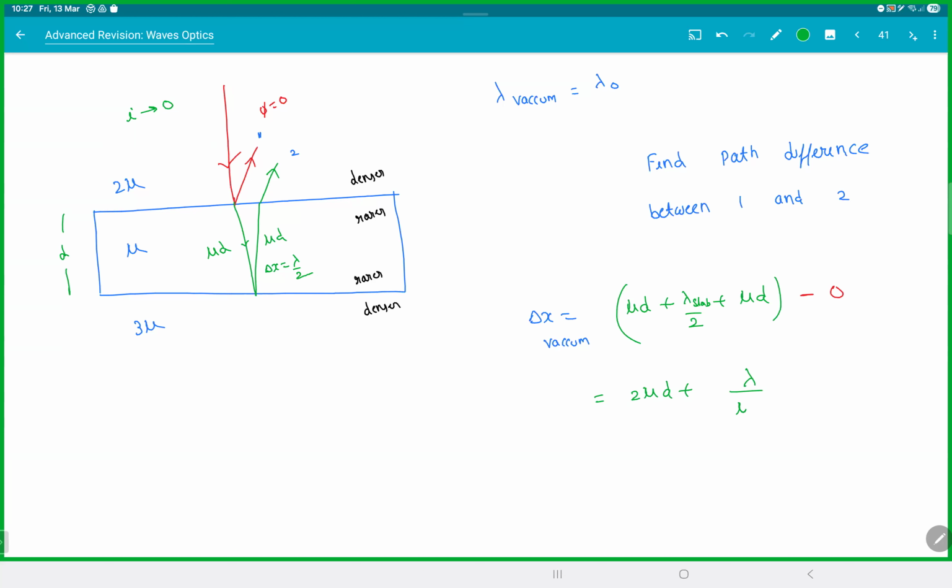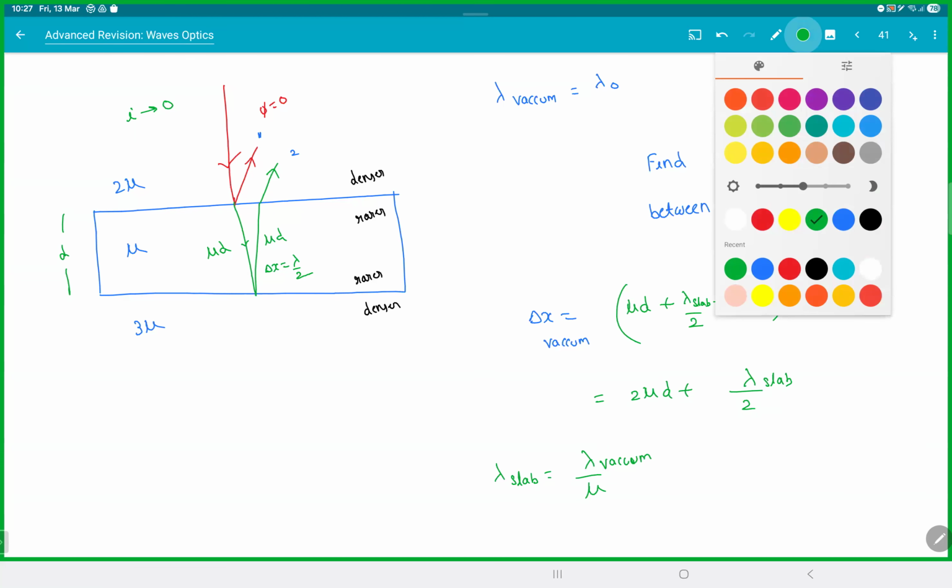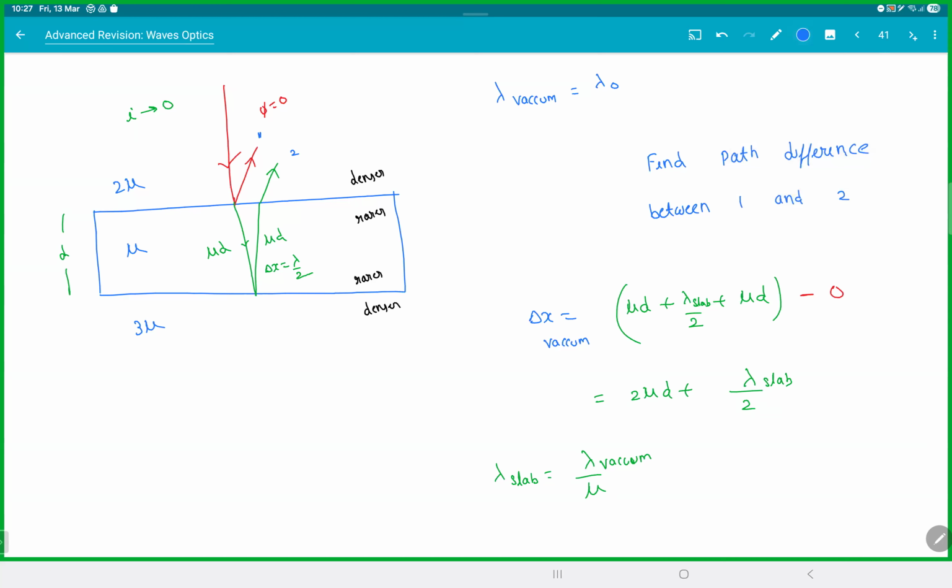Lambda slab will be lambda by mu, lambda vacuum by mu. Because the frequency remains the same, the speed will change. Clear with this? So in whichever medium you're bouncing off, its lambda by 2 will come. So there is one thing, be careful with this.